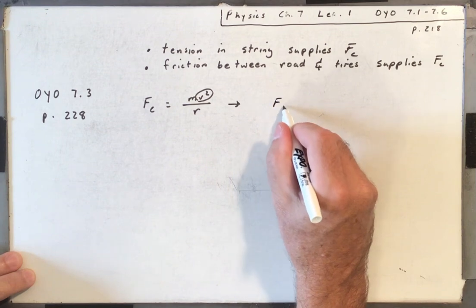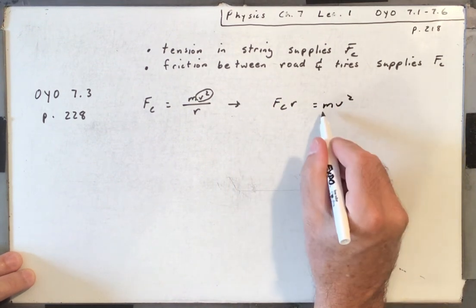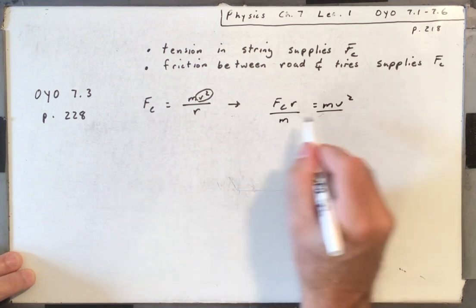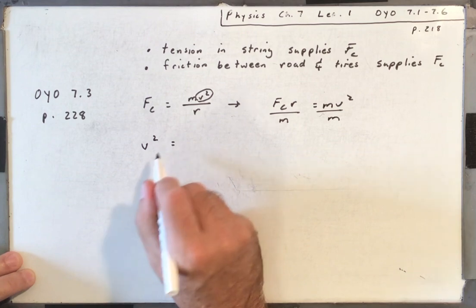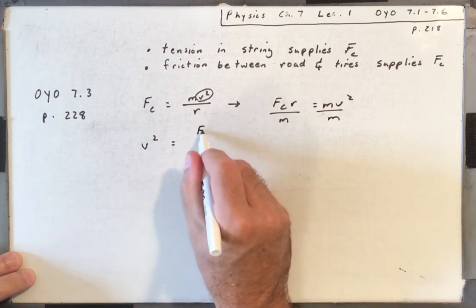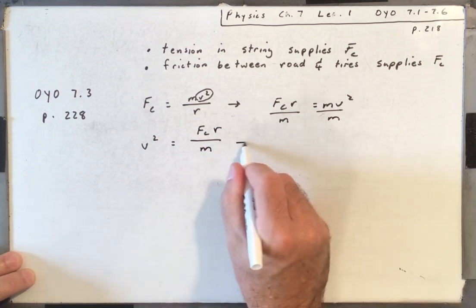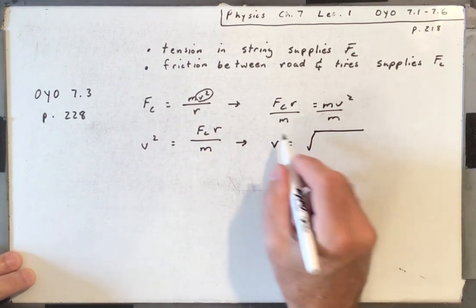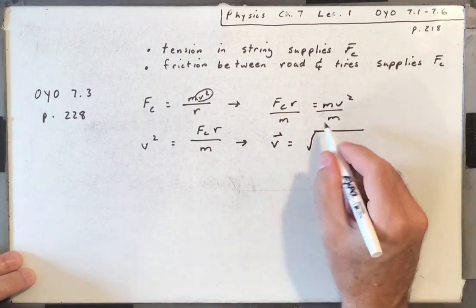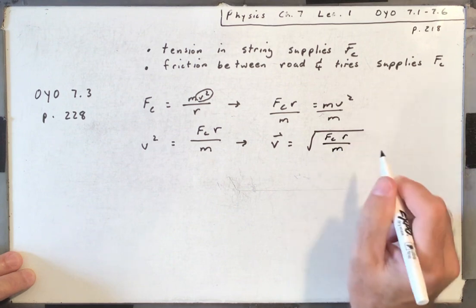If you do that, you'd have F sub c times r is equal to mv squared, and then divide both sides by m. So we would have v squared is equal to F sub c times r over m. So the velocity is going to be the square root, don't forget it's a vector, of F sub c times r over m.